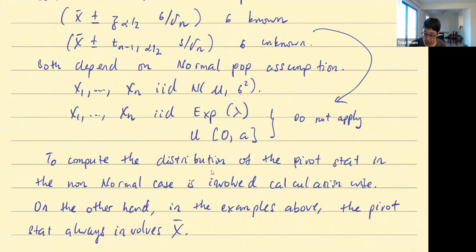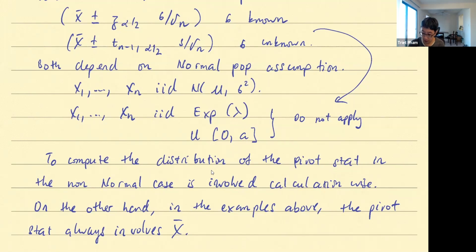If you go back and see what you did on the homework, or what we did in lecture related to it, somehow X bar shows up in the construction of the confidence interval for these.